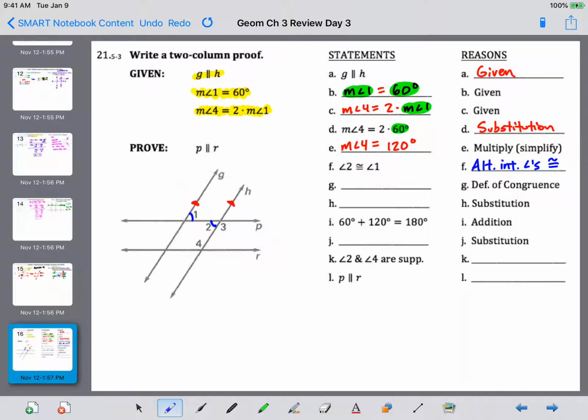All right, that's also, you could write for reason F, what theorem is that? That's just theorem 3.1, so you don't have to write that out, you could just write theorem 3.1.